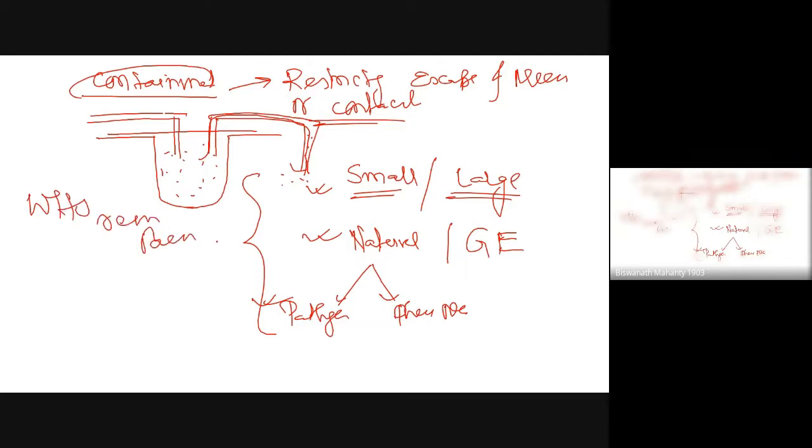Biosafety norms. How should I classify the microorganism into biosafety classes? Okay, we need to have the required safety protocol. I'll talk about what safety protocol later on. First, let us classify. So I'm talking about B1, B2, B3.